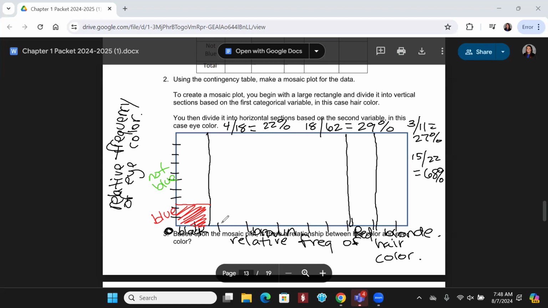Okay, looking at the brown, how much did we have? Out of the total brown, how many blue eyes did we have? 29%. Okay. So we're going to go up to 29%. Draw all the way over.